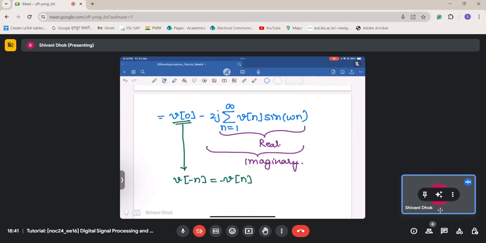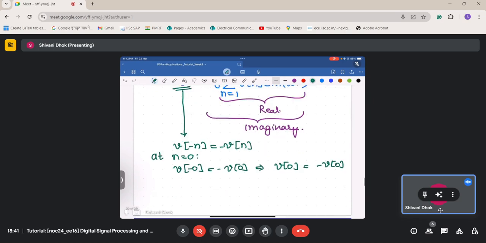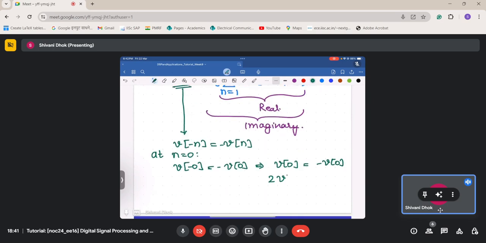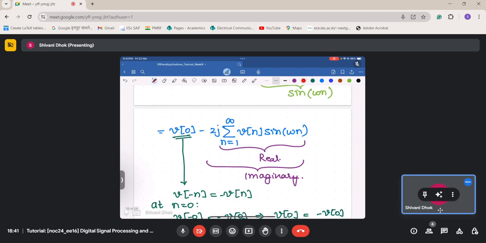So at n equal to 0, we have v of minus 0 equal to minus of v of 0, which means v of 0 is equal to minus of v of 0. And when will this be true? This simply means that 2 times v of 0 equals 0, so v of 0 itself should be equal to 0, which means this term goes to 0.